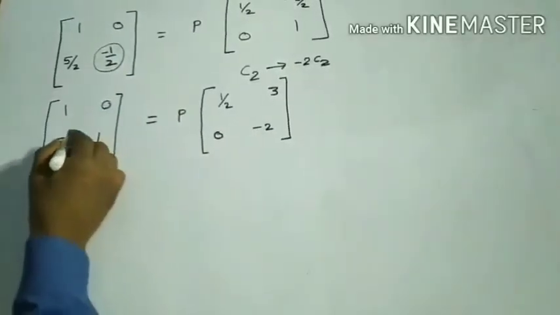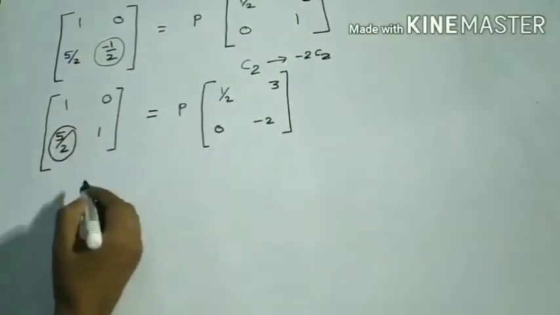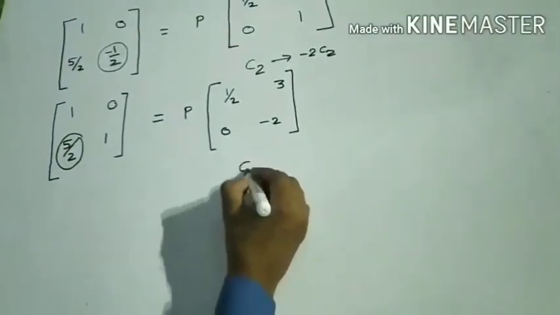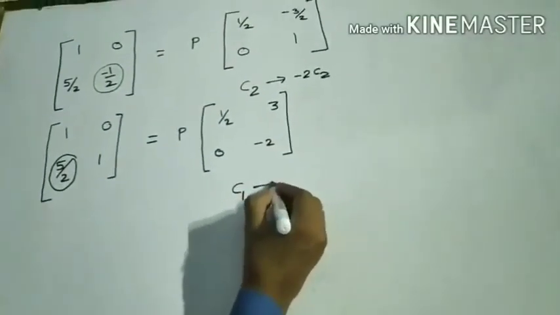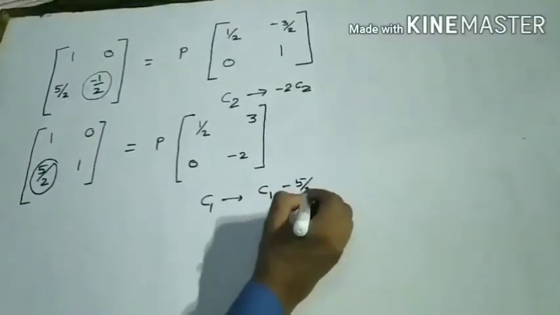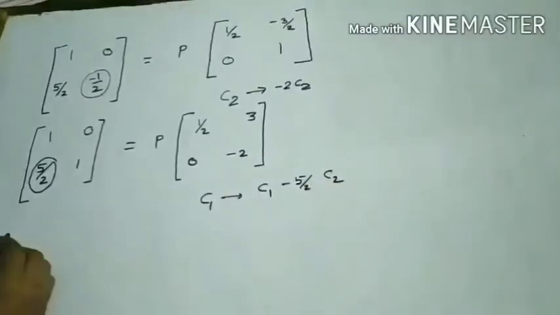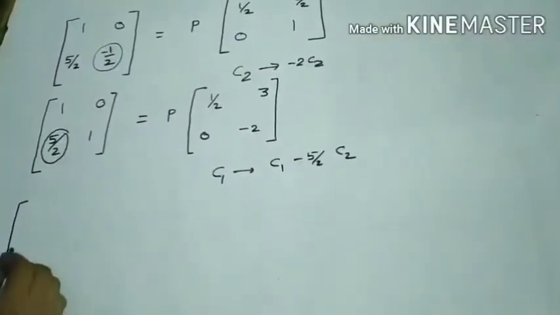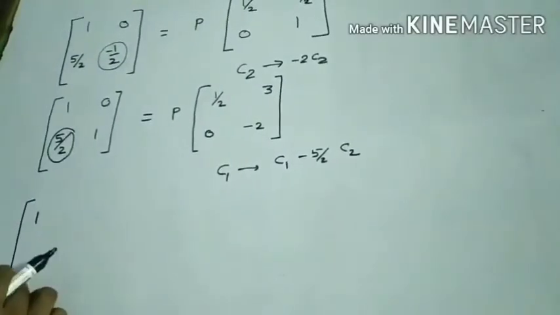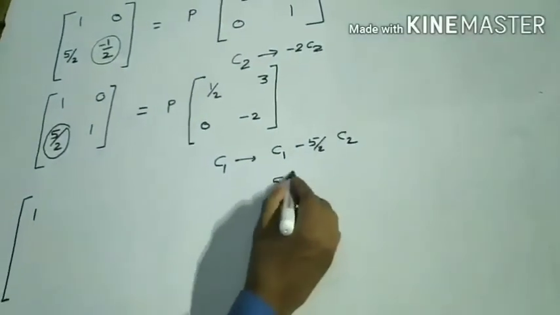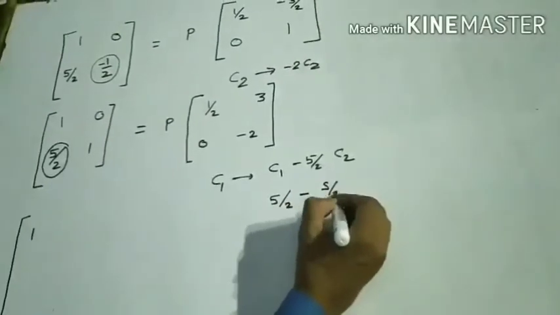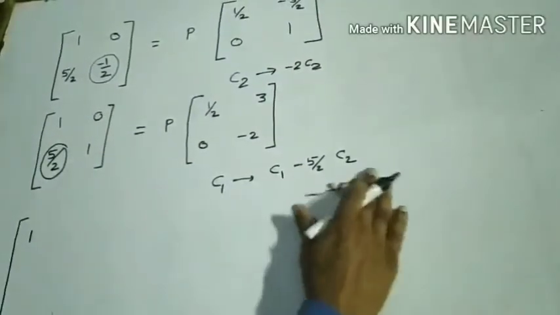After that here we want to introduce 0. Then in the first column we are going to do C1 minus 5 by 2 C2. Then this is 1 minus 0, that is simply 1, and here you have to see C1, this is 5 by 2 minus 5 by 2 into 1, this cancels out, so 0.